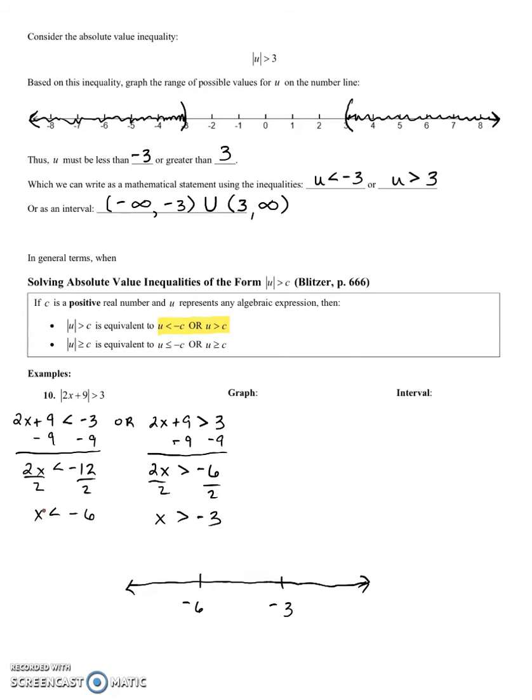Okay, we have x is less than -6, so that's an open parenthesis and then shade to the left. We have x is greater than -3, so that's a parenthesis and shade to the right. So for our interval for that, we have -infinity to -6, union -3 to infinity.